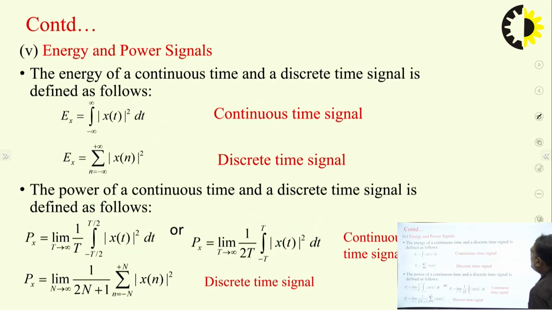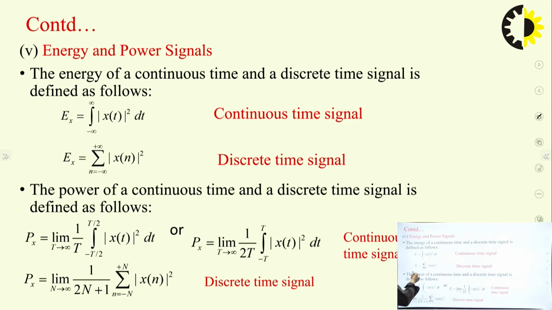Next is energy and power signals. Energy signals are those signals which have a finite amount of energy and their average power is 0. And power signals are defined as the signals which have infinite energy but finite average power. These are the expressions for energy and power for continuous and discrete time signals.